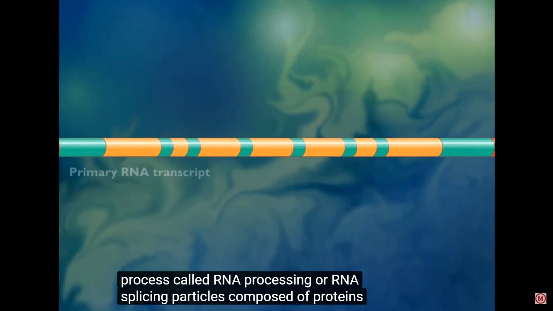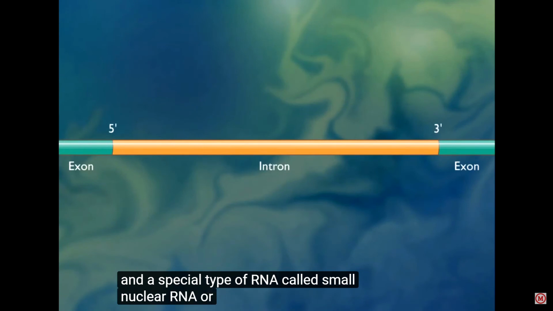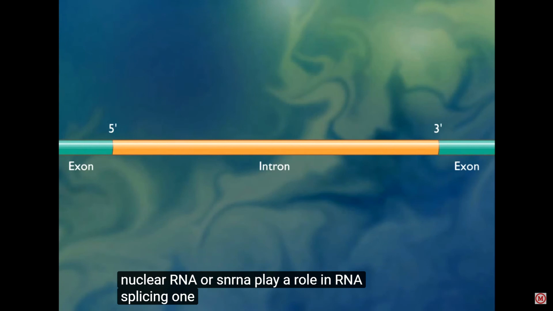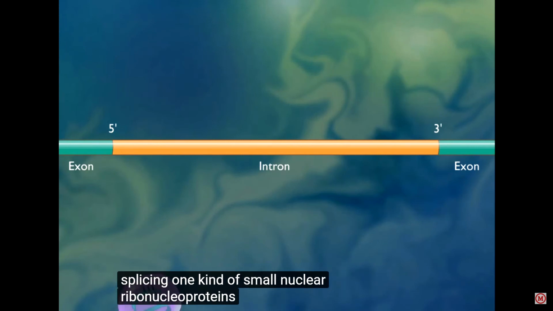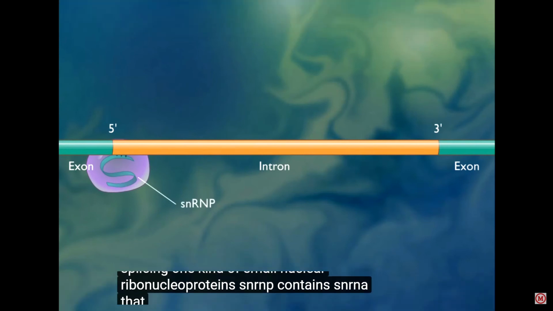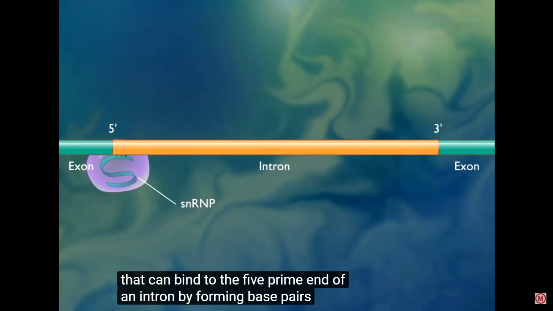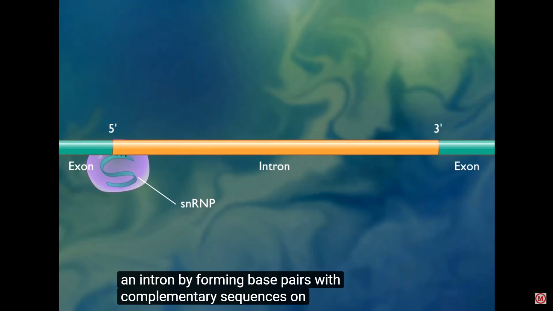Particles composed of proteins and a special type of RNA called small nuclear RNA, or snRNA, play a role in RNA splicing. One kind of small nuclear ribonucleoprotein, snRNP, contains snRNA that can bind to the 5' end of an intron by forming base pairs with complementary sequences on the intron.